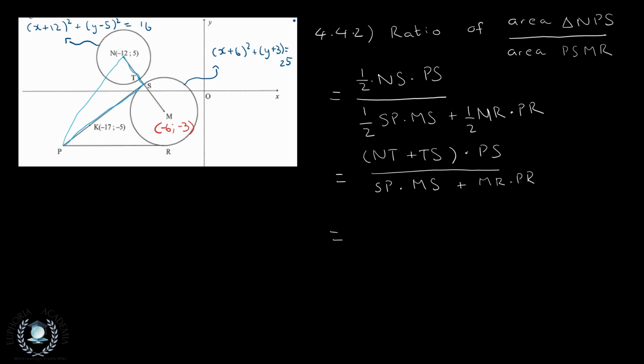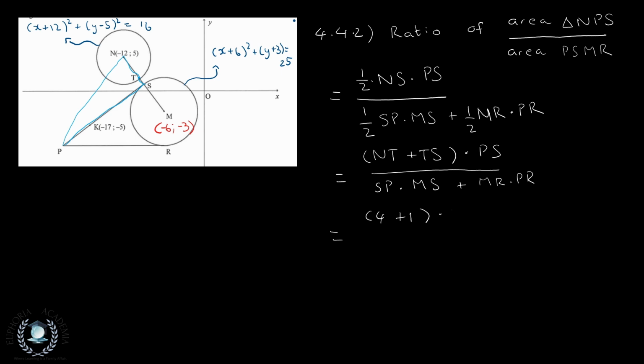Actually, we can do some further simplifications, but I think let's just do some substitutions and see what we have. So NT is 4 plus TS is 1, and PS we said was 15.